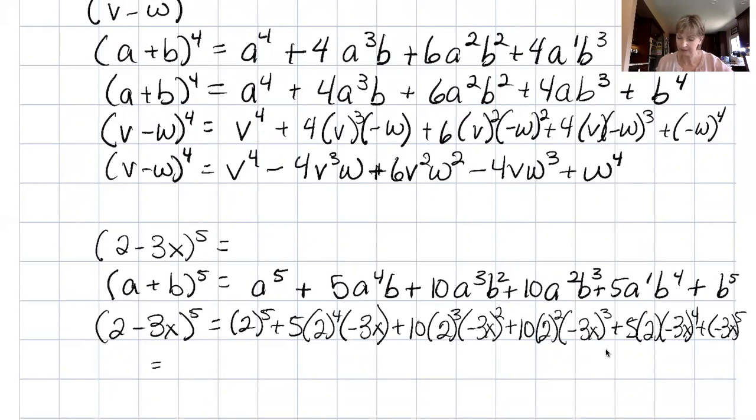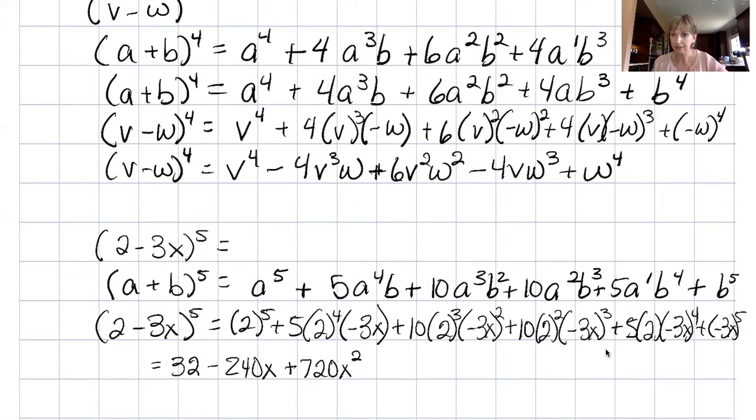So 2 to the 5th is 32. 2 to the 4th times 5 times negative 3x gives you negative 240x. 2 cubed times 10 times negative 3 squared, which is 9, times x squared is negative 720x squared.